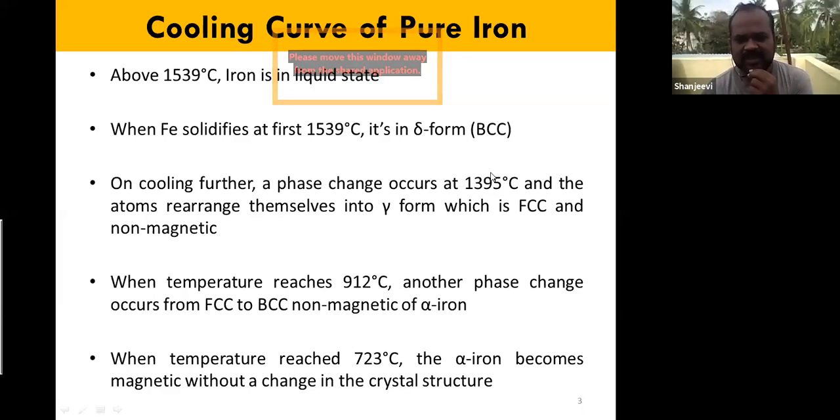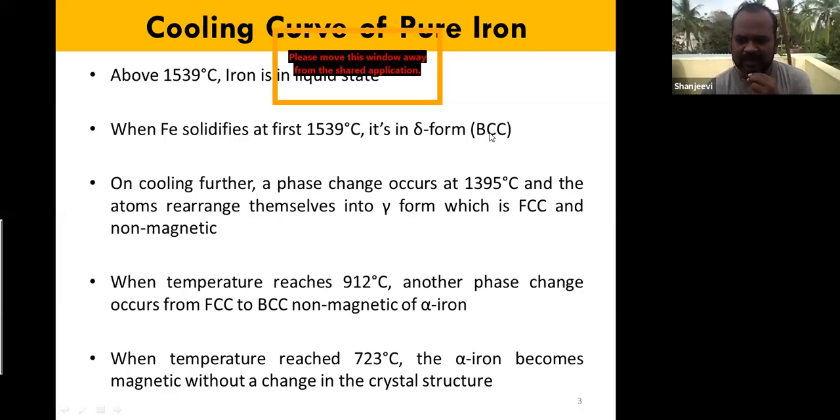So now we can see body-centered cubic is changed to face-centered cubic when the temperature decreased from 1539 to 1395 degrees Celsius. Now at 1395 and below, we can see a completely face-centered cubic structure.